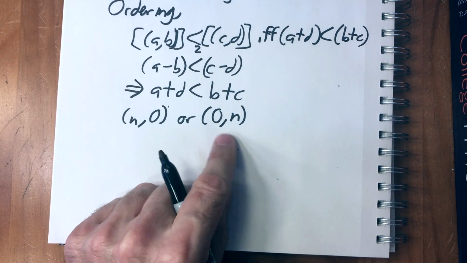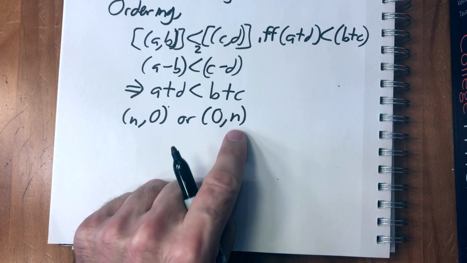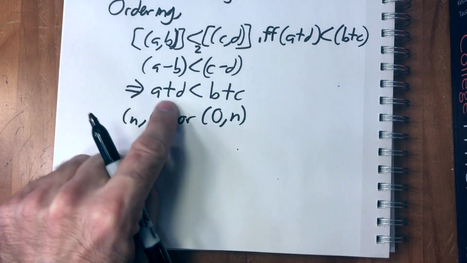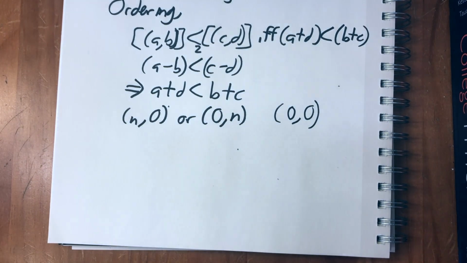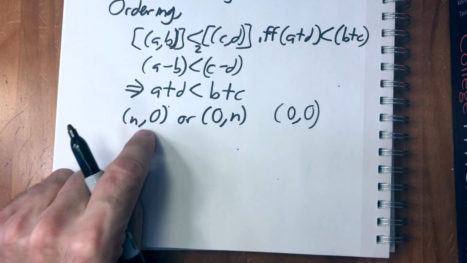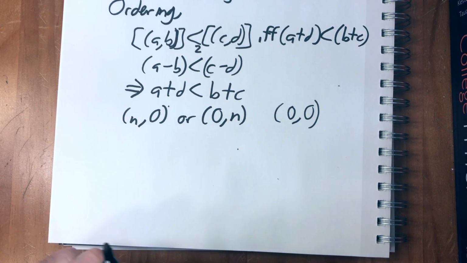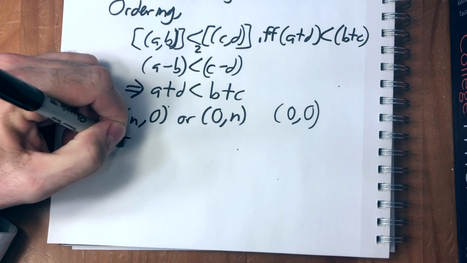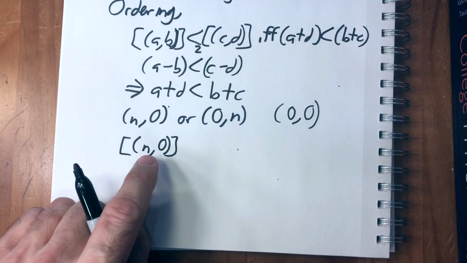And then the negative numbers are associated with 0 minus some natural number. So these would be the negative numbers, these would be the positive numbers, and then 0 would be (0, 0). And notice, to get comfortable with these equivalence classes, this is not an equivalence class. This is a member of the equivalence class.